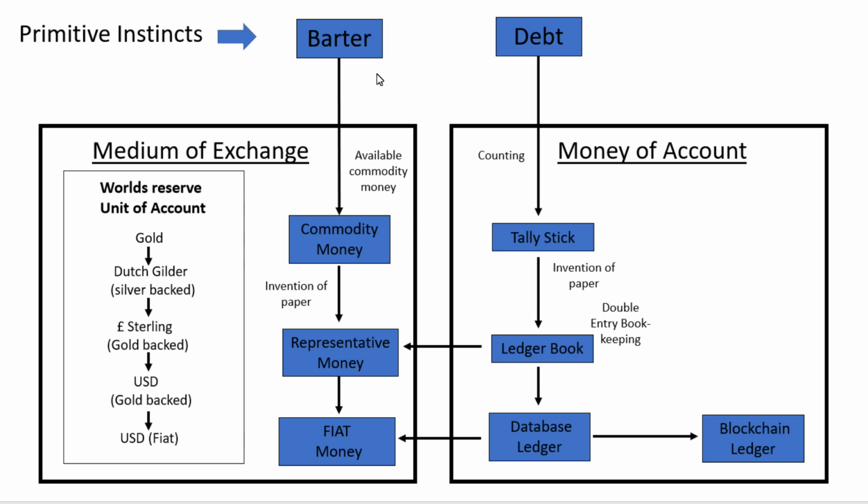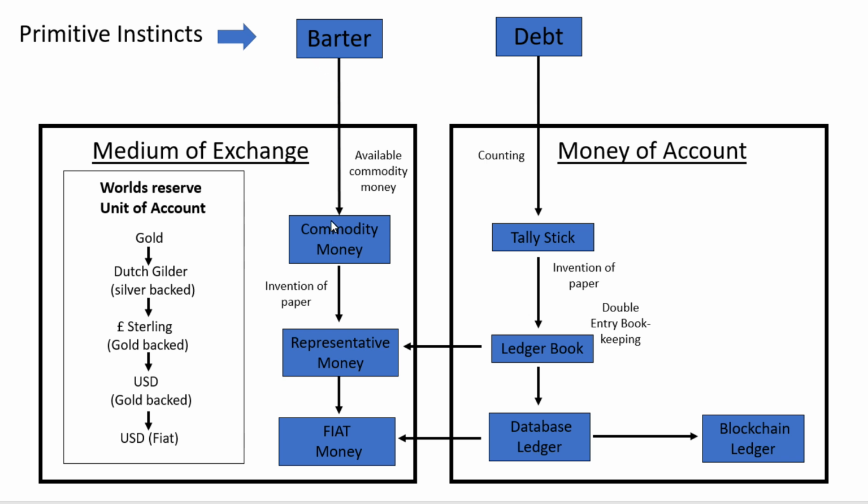It's obviously useful to humans to swap things, and this is the fundamentals of barter. And the other thing is debt. It's usual, even outside of financial systems, for people to borrow things off each other. So, can I borrow your fishing rod? And then I'll give it back to you next week. So these are two basic primitive instincts that humans have.